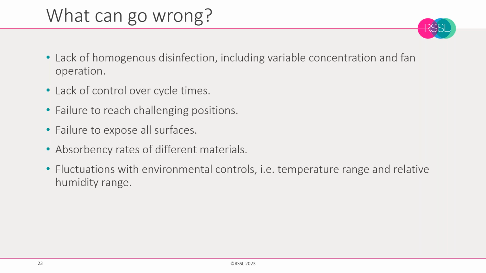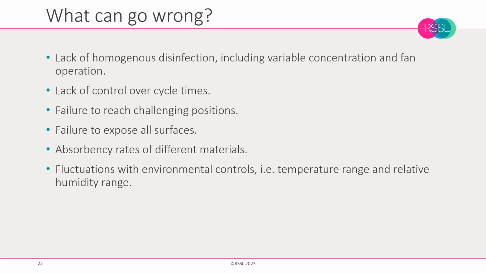So we need this homogeneity, this uniformity. We also need to understand where we might have weaknesses and appropriately configure the fans and so on. And also understand that different materials may take longer to decontaminate than others.